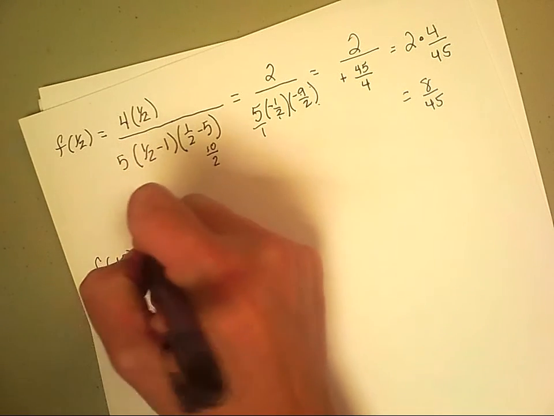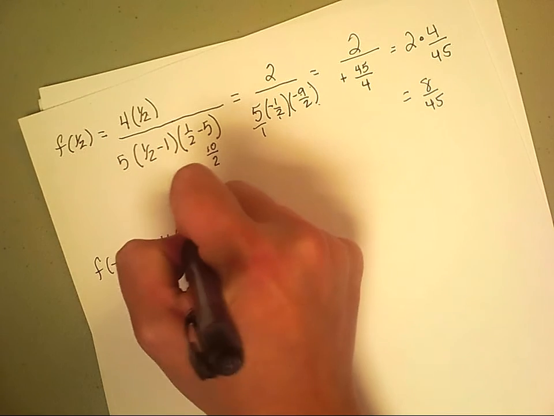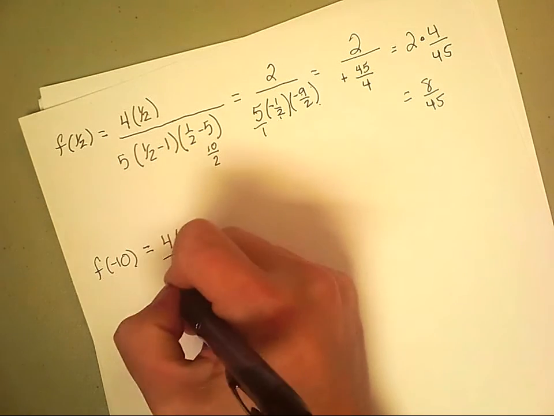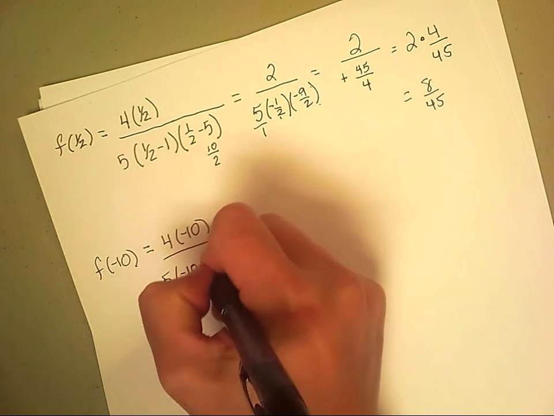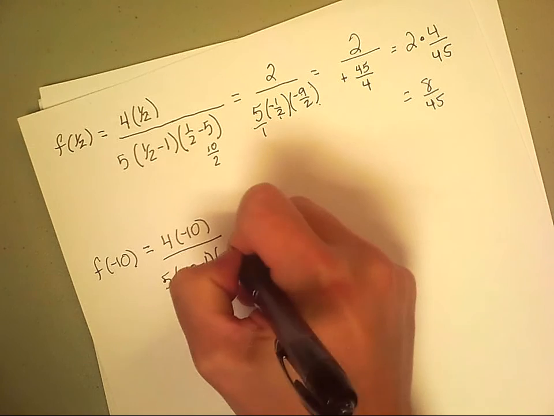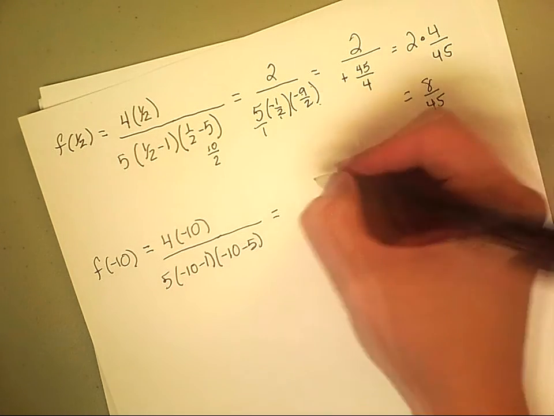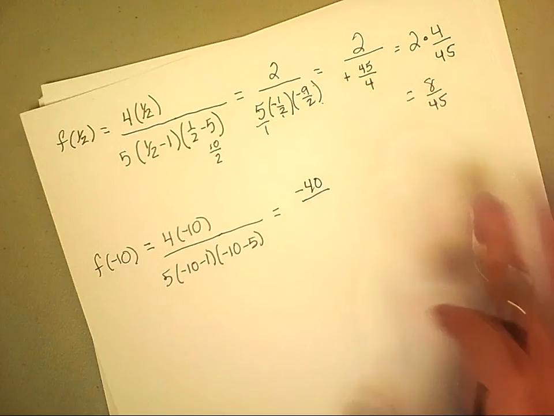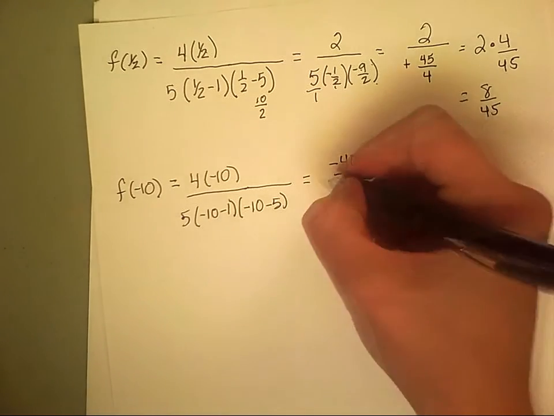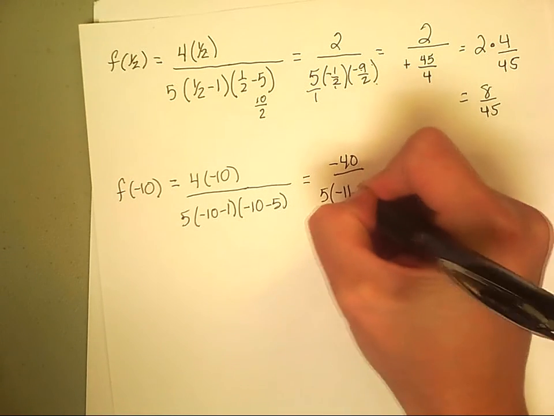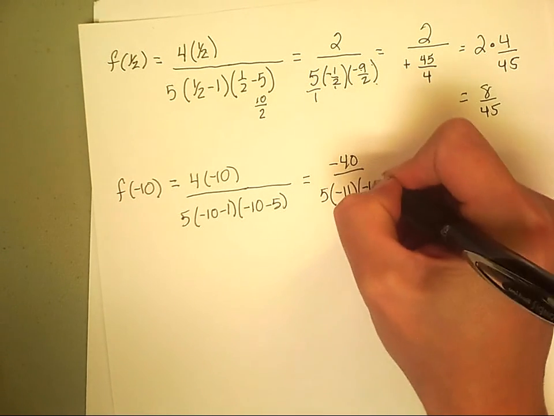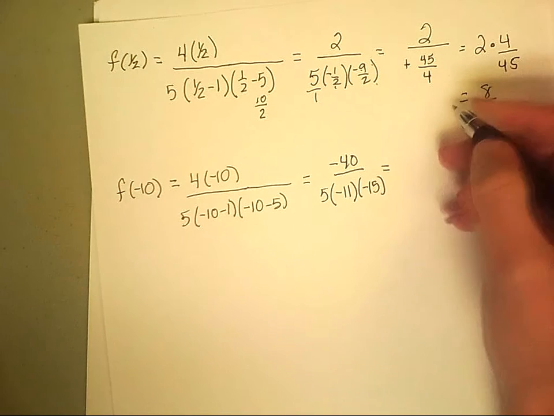So f of negative 10 is 4 times negative 10 over 5 times negative 10 minus 1 times negative 10 minus 5. So this is minus 40 over 5 times negative 11 times negative 15.